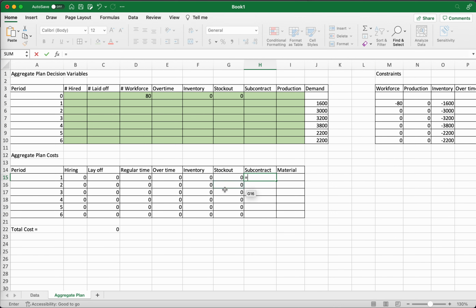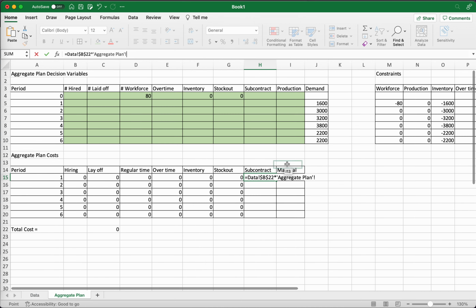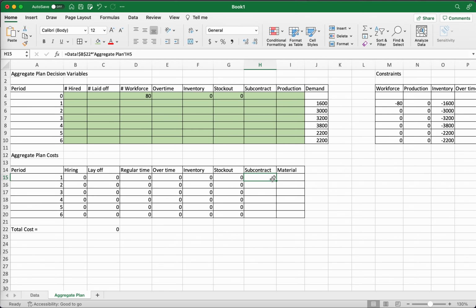The same goes for subcontract. Subcontract is $30 an hour. Make it an absolute reference and multiply that by the number of units that you're subcontracting. And there you go, that's the subcontract value. These are all the values of subcontracting. So this is the number of units that you subcontracted in April times the cost of subcontracting, which is $30.